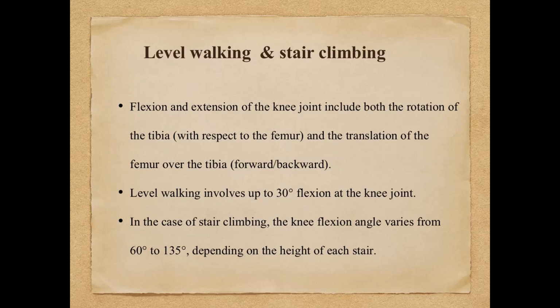Level walking involves up to 30 degrees of flexion at the knee, and in the case of stair climbing, the knee flexion angle varies from 60 to 135 degrees depending upon the height of each stair.